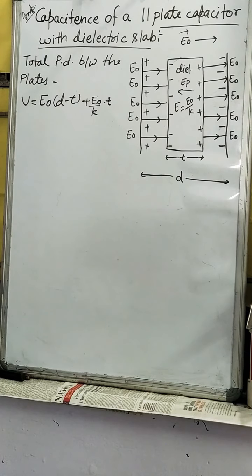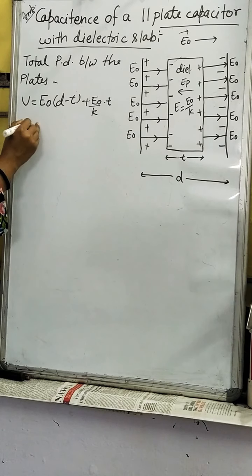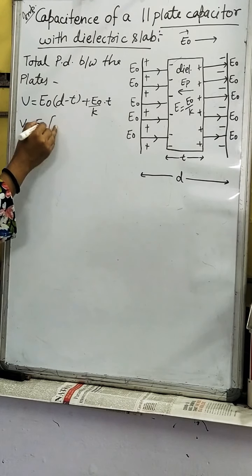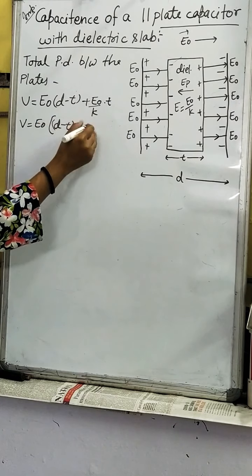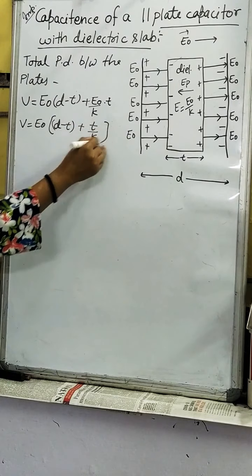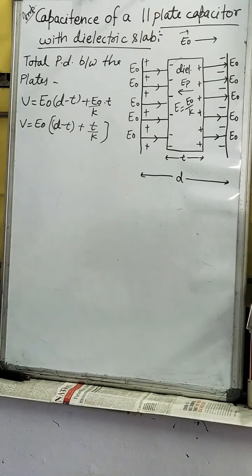Then if we write it again, V equals E naught taking outside, (d minus t) in one bracket plus t upon K in the second one.